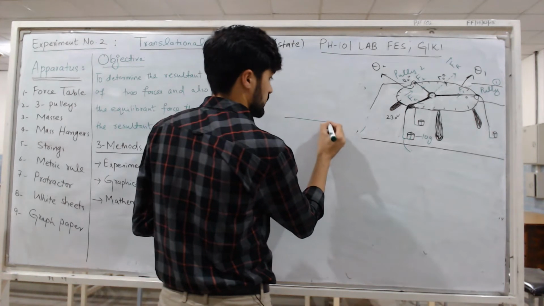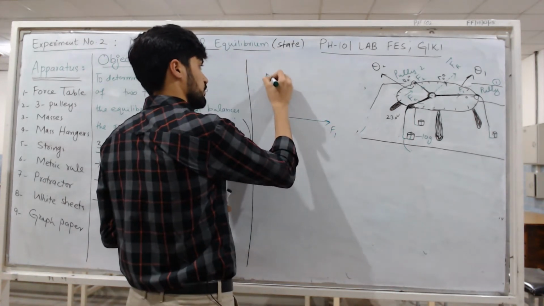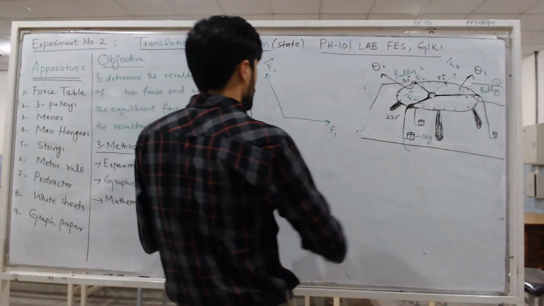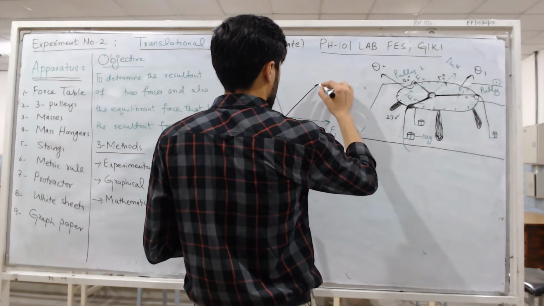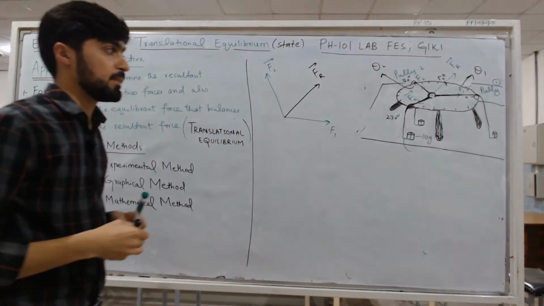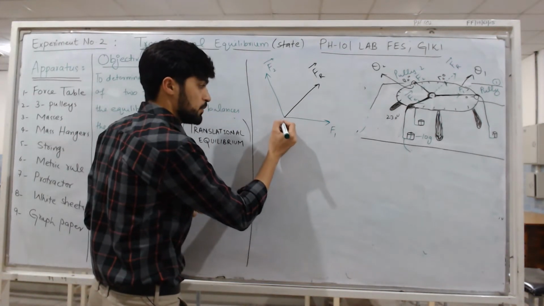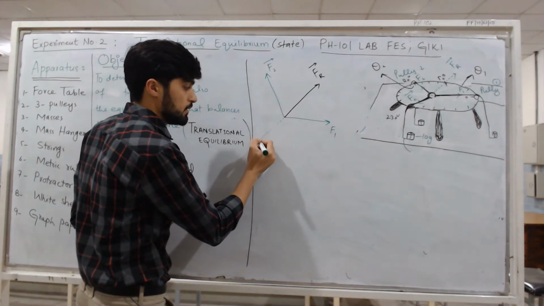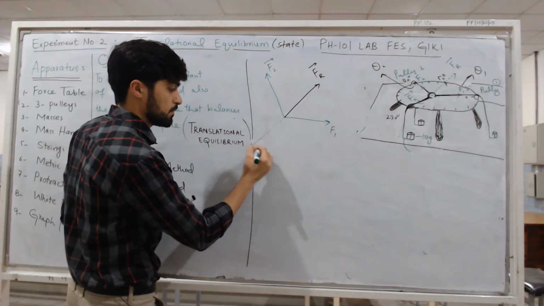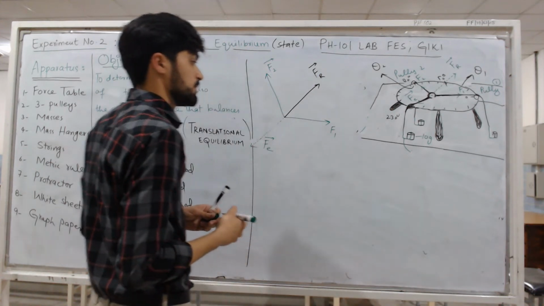Let's say this is your F1, and this is your F2, and this is, let's say, your resultant force Fr. Now we know that there will be an equilibrium force exactly opposite to and equal in magnitude to this Fr. This is Fe, the equilibrium force, that is balancing this resultant force.